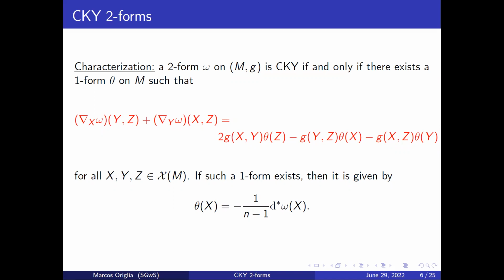Yeah, I think there are some on compact manifolds. Let me think. Yeah, probably there are a lot because they are very weird examples. I mean, there is basically only one example, which is given by the Sasakian. So you can think about this conformal Killing two form as a generalization of Sasakian structure, actually.